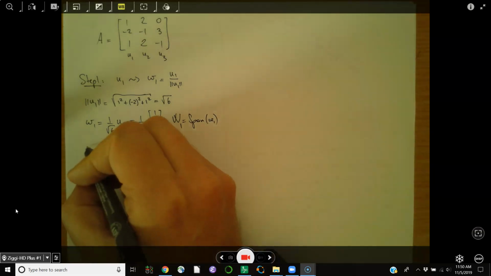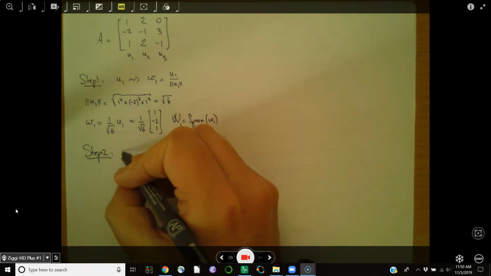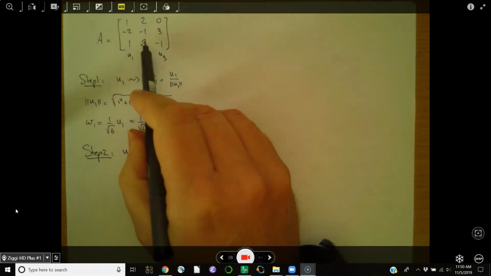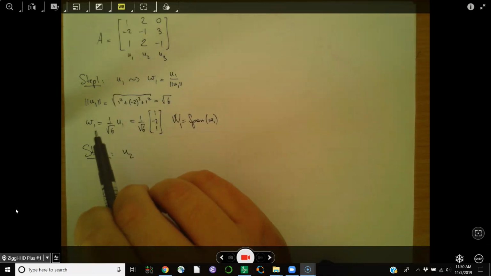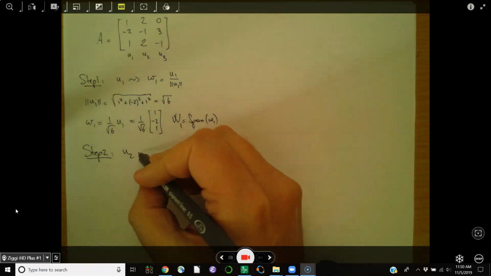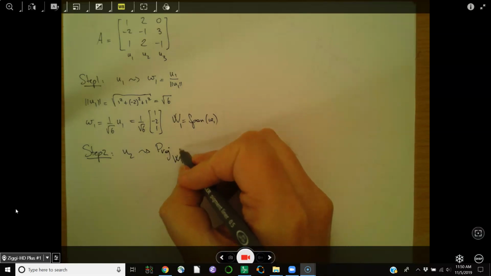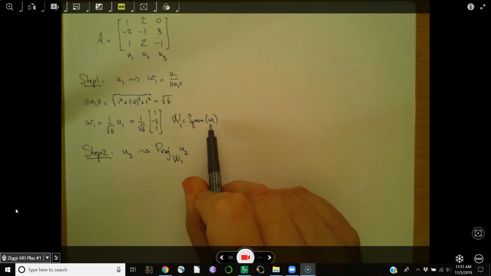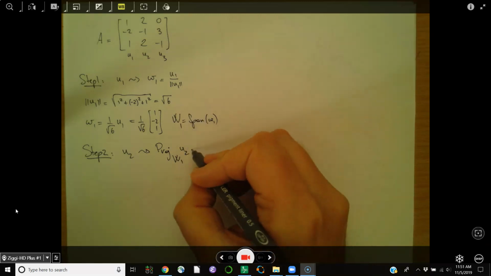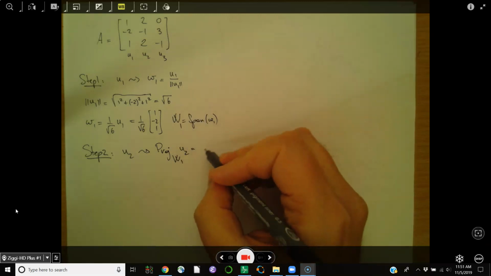So this is the line spanned by this vector. Alright, so step 2. Now we want to take u2, right? We skip over to the next vector, and we want to project it onto W1. But we already have a nice orthonormal basis of W1, in this case just little w1. So the projection is actually fairly simple.